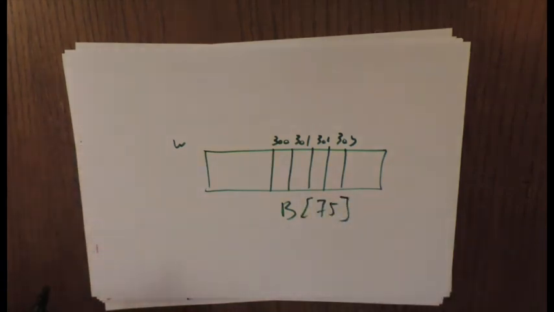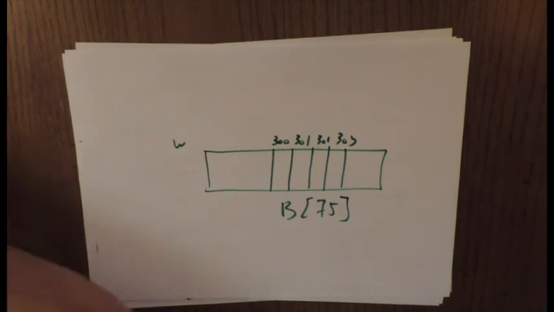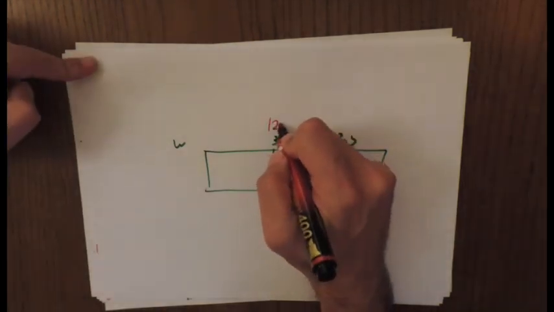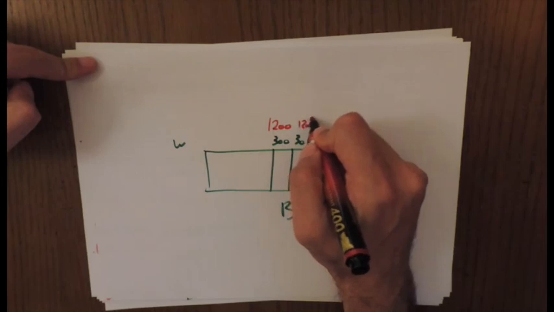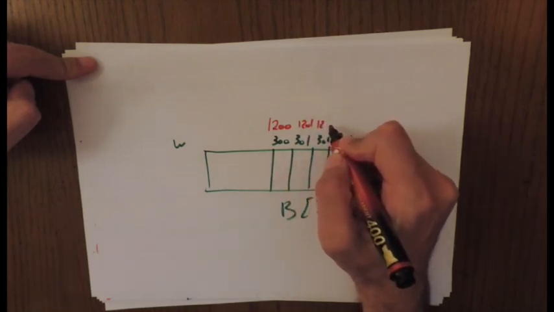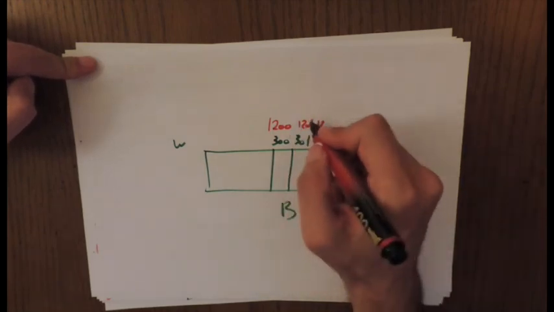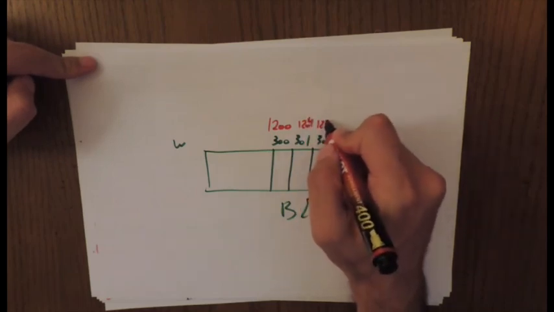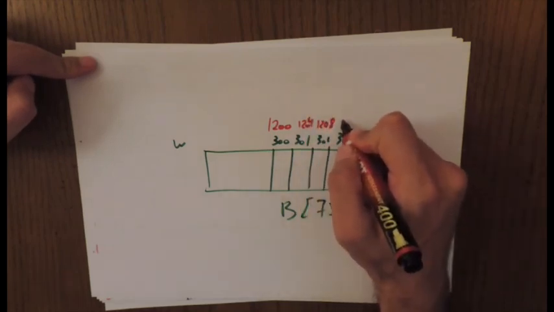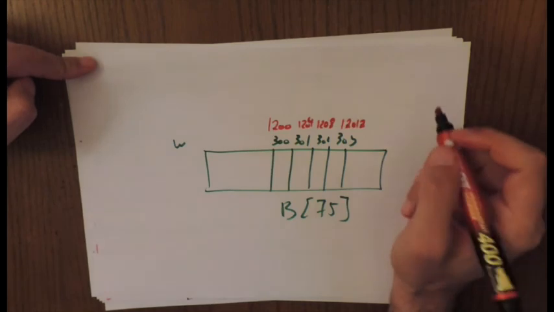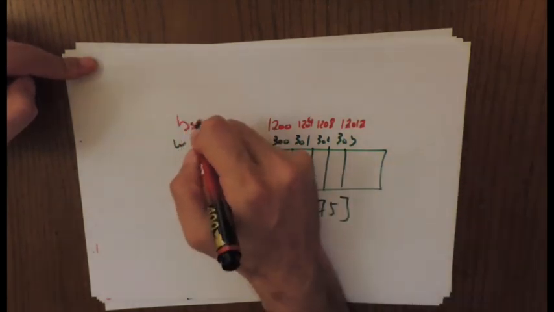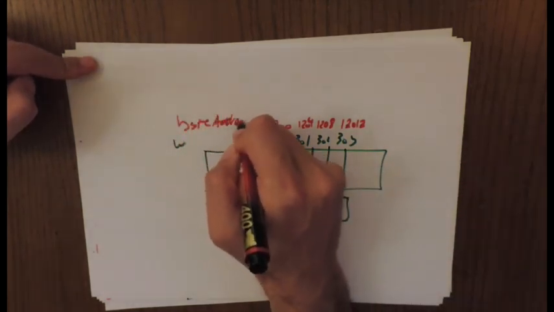The byte addresses will be, of course, 1200, 1204, 1208 and 1212. This is the byte address.